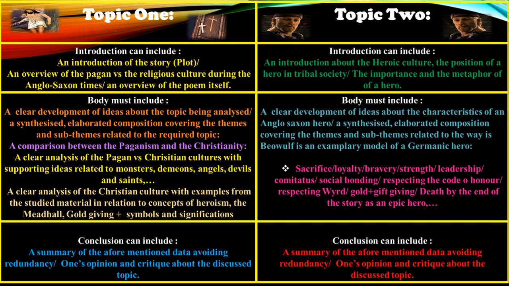Paragraph 2 would speak about gold and gift giving, and paragraph 3 would speak, for example, about wyrd, about comitatus, etc. But as I have already mentioned, because you are not as experienced in writing, especially by reference to the formal features, I am disregarding some points because of your case here.